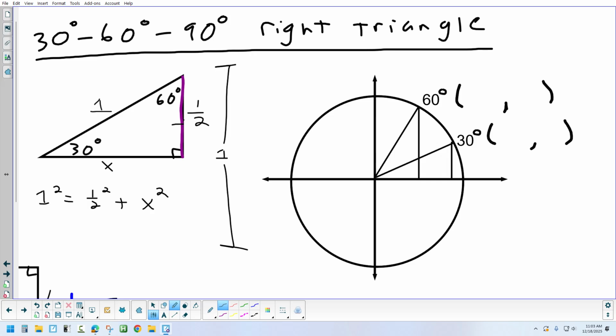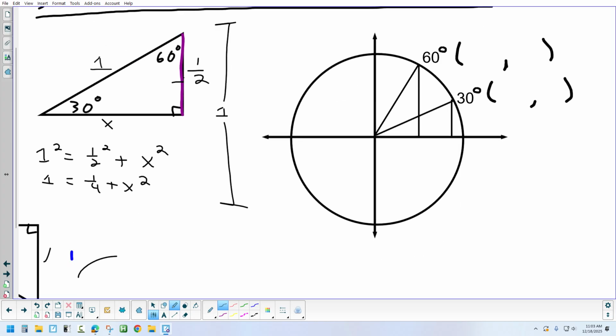Okay, so 1 squared equals, what's a half squared? 0.25. I'm just going to write it as a fraction, 1/4. What would we do next to get x by itself?